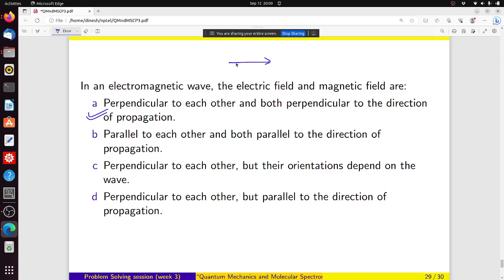If an electromagnetic wave is propagating in the z direction, its electric field will be oscillating in this manner, and the magnetic field will be oscillating like this, perpendicular to the electric field. This oscillation of the electric field will induce a magnetic field, and the oscillation of the magnetic field will induce an electric field, and it will propagate like this. Okay, good.